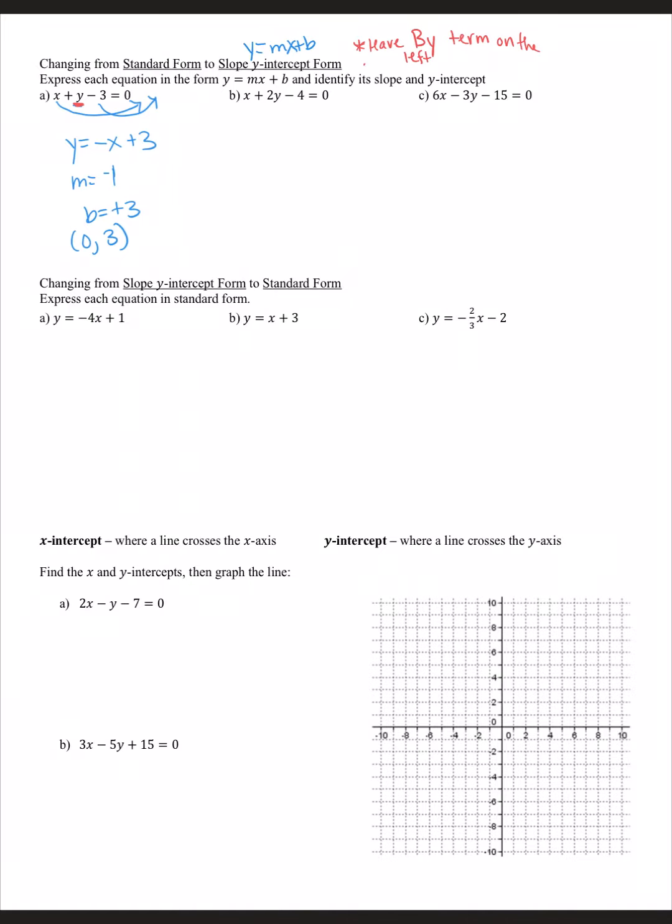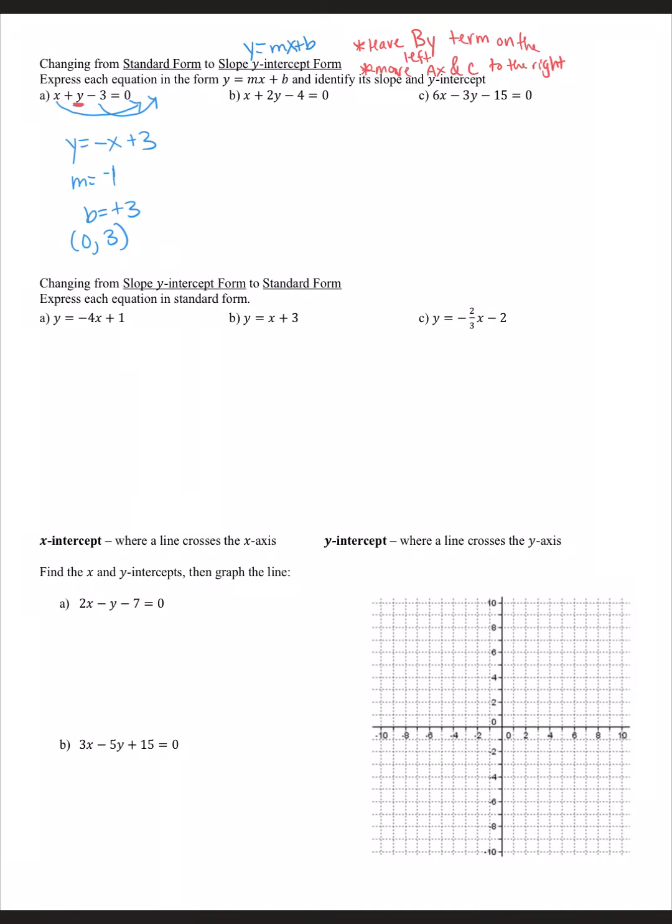Okay, and then we're going to work to move ax and c to the right. In this case, that's all we have to do, but we're going to try another example and see if there's anything additional we might have to do.